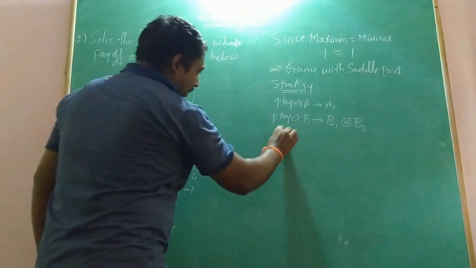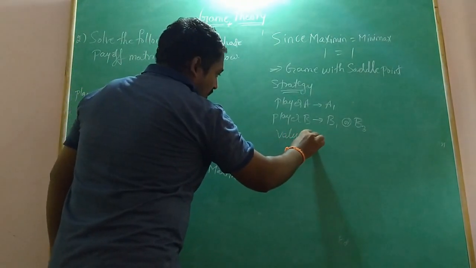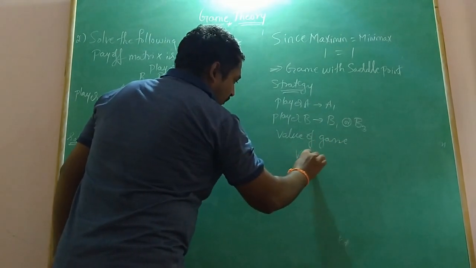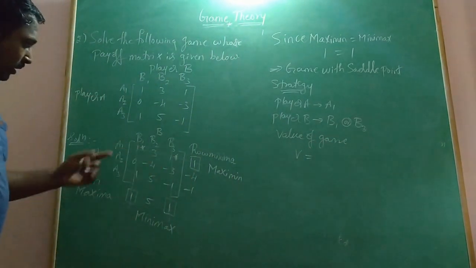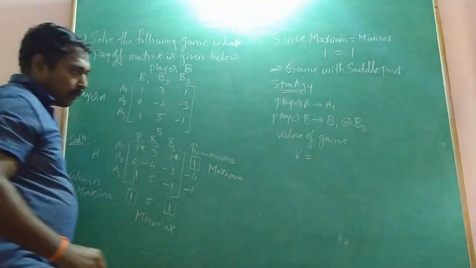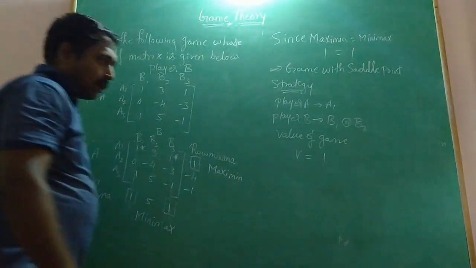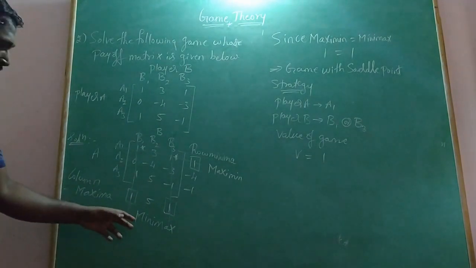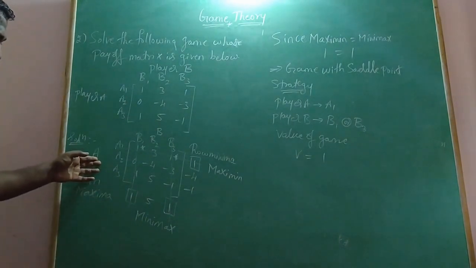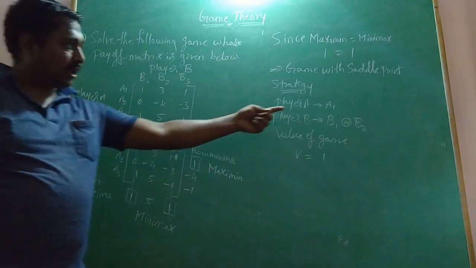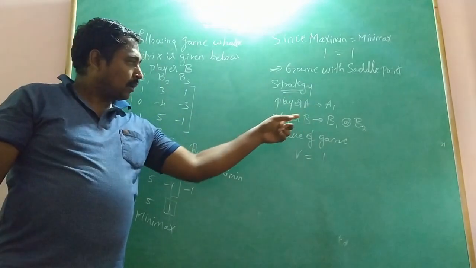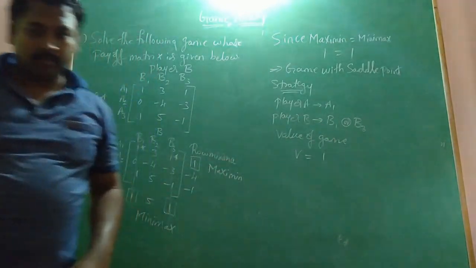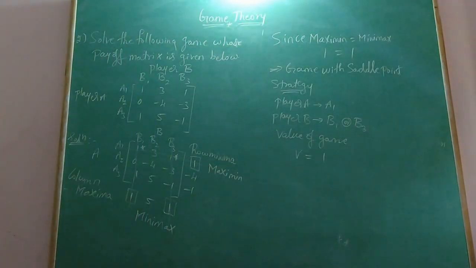The next, the value of the game is given by the intersection point. Here also we have 1, here also we have 1. The value of the game is 1. That is, in this type of problem, player A must use the strategy A1 to win the game, or player B must use either B1 or B3 to win the game.